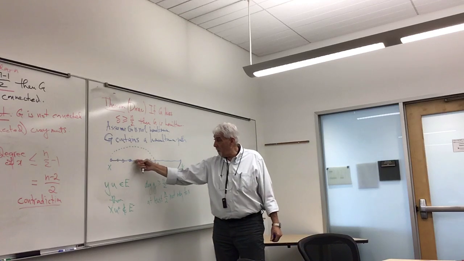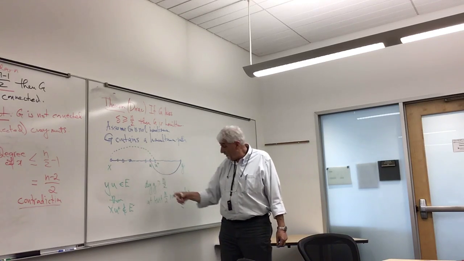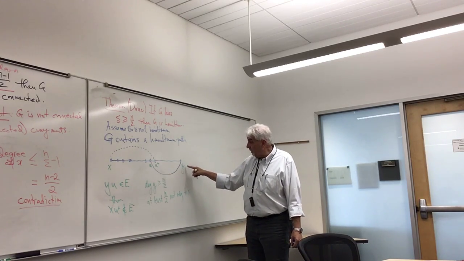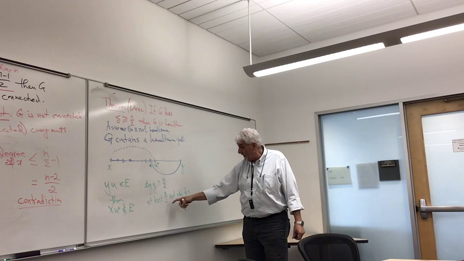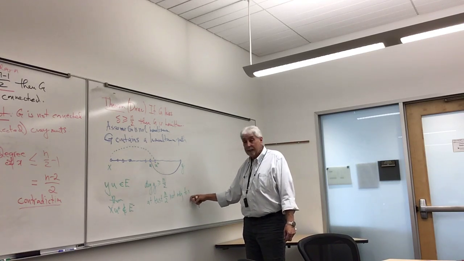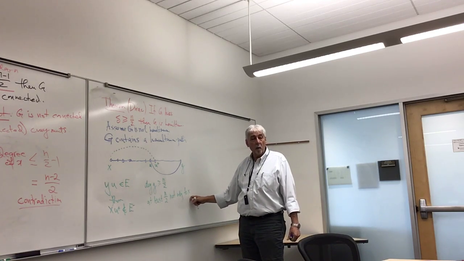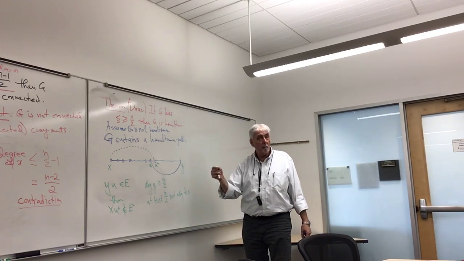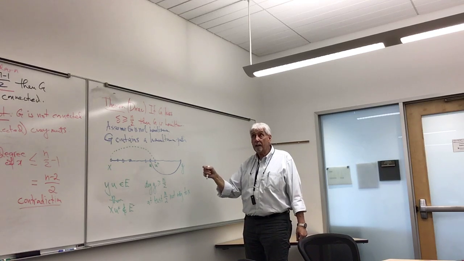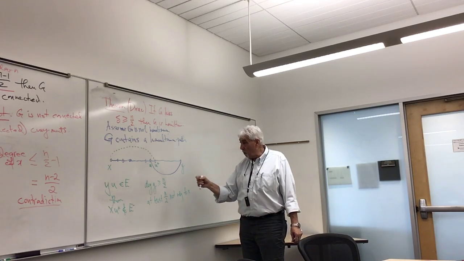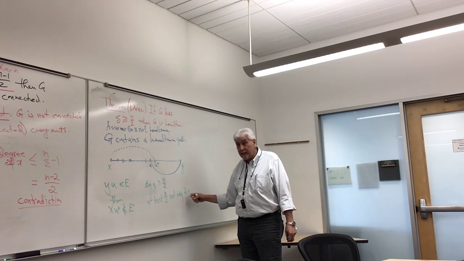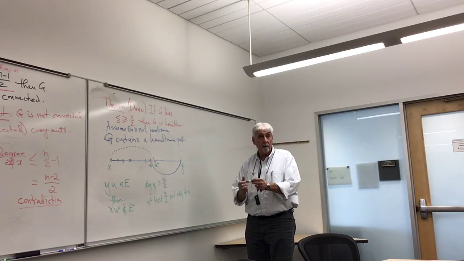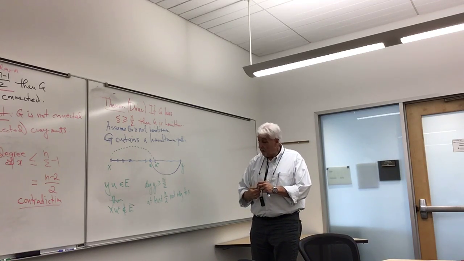So y goes to another point, x is not adjacent to that. So that gives me n over 2 vertices not adjacent to x. I need one more. Because if I have n over 2 not adjacent to x, and I have one more, that would be n over 2 plus 1. If I had n over 2 plus 1 vertices not adjacent to x, then what would be the maximum that the degree of x could be?